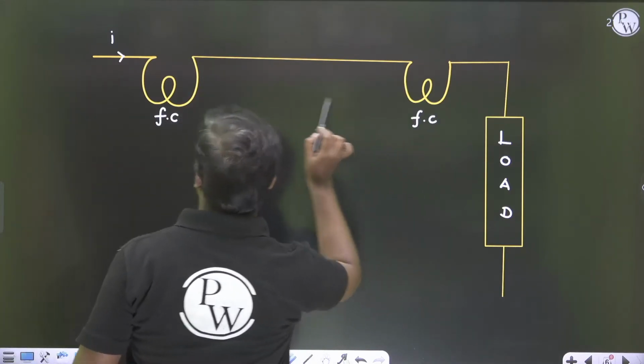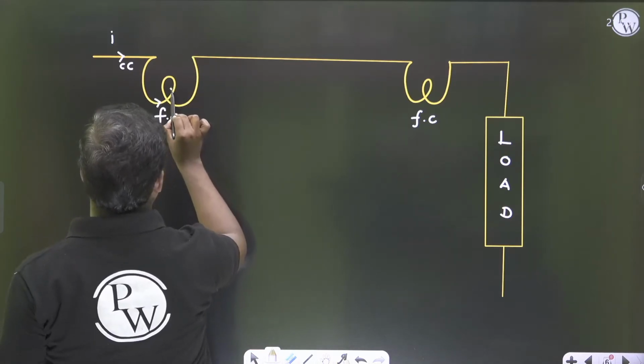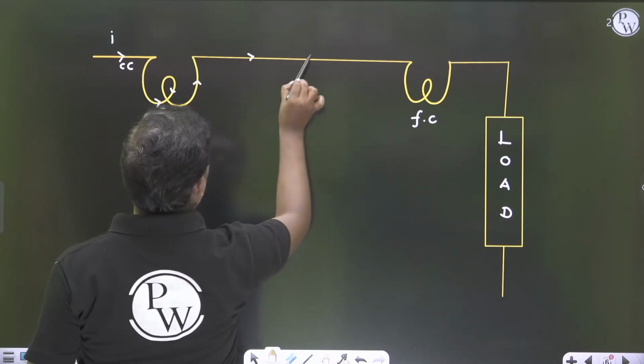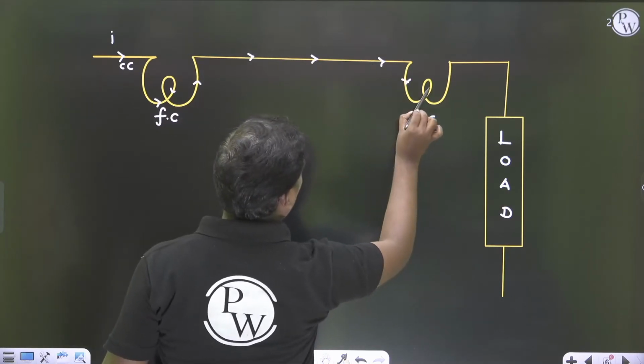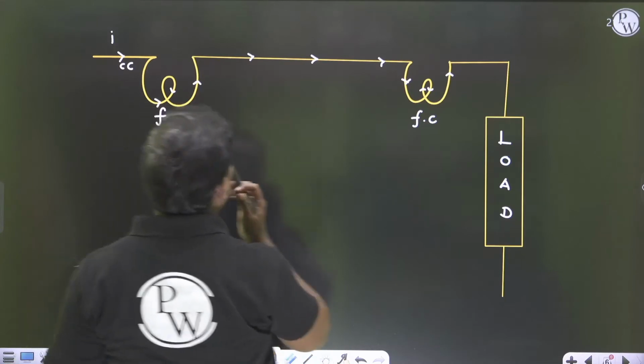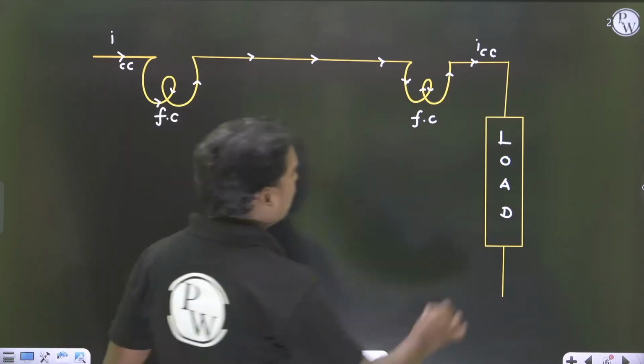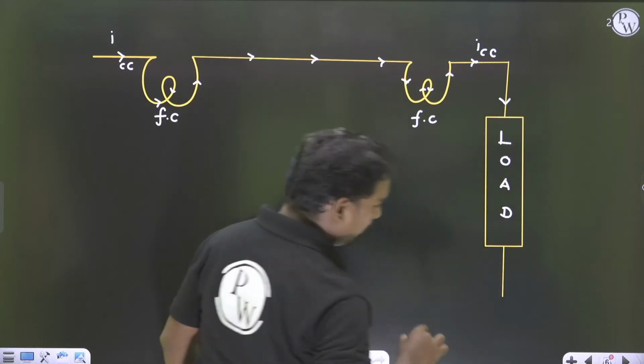The current passing through the current coil is ICC, so this is the direction of the current. Okay, so this is how the current goes, and this is the same current which enters into the load.